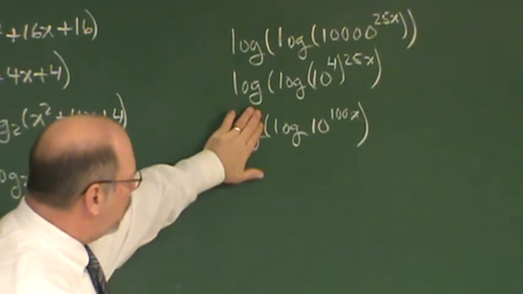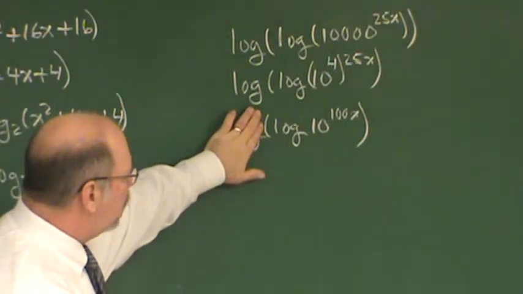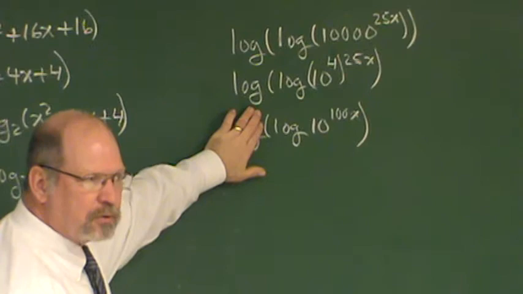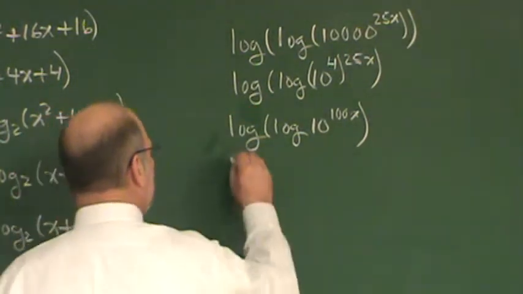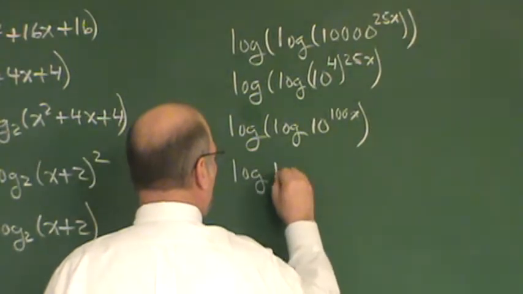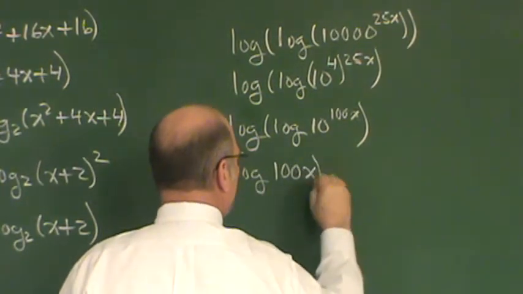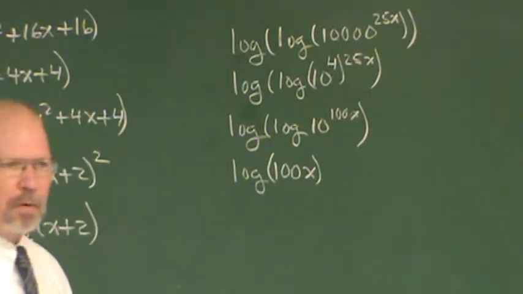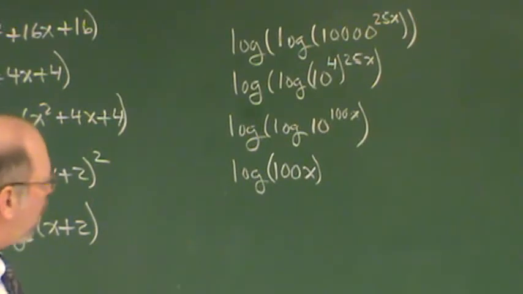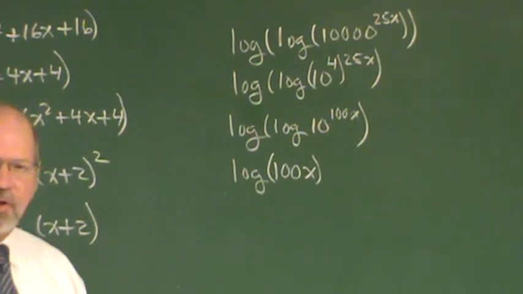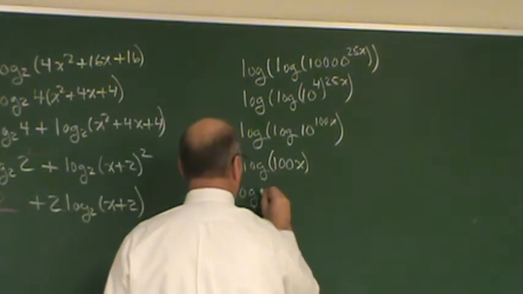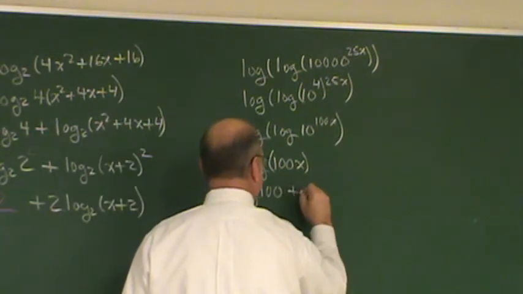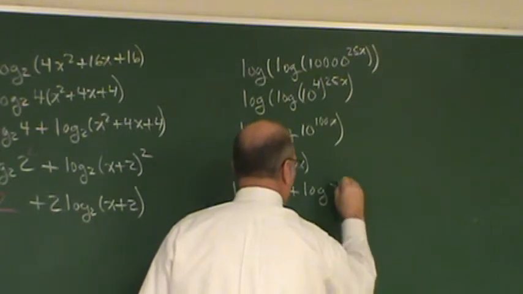So this inner part here, the log of 10 to the 100x, is simply 100x. So what we get is the log of 100x. Go with me there. Okay? Now, 100 times x, we can split that up. This gives us the log of 100 plus the log of x.